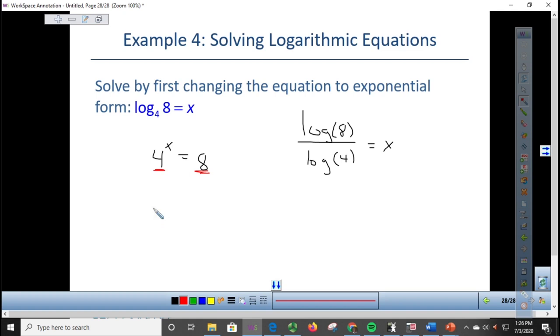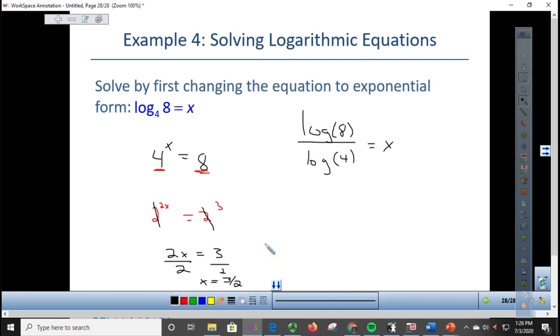I can say 2 to the second times x is still the same as this, and that equals 2 to the third. Now when my bases are the same, I can cancel the bases and just solve for x. 2x equals 3. Divide both sides by 2, and now my solution is 3/2.